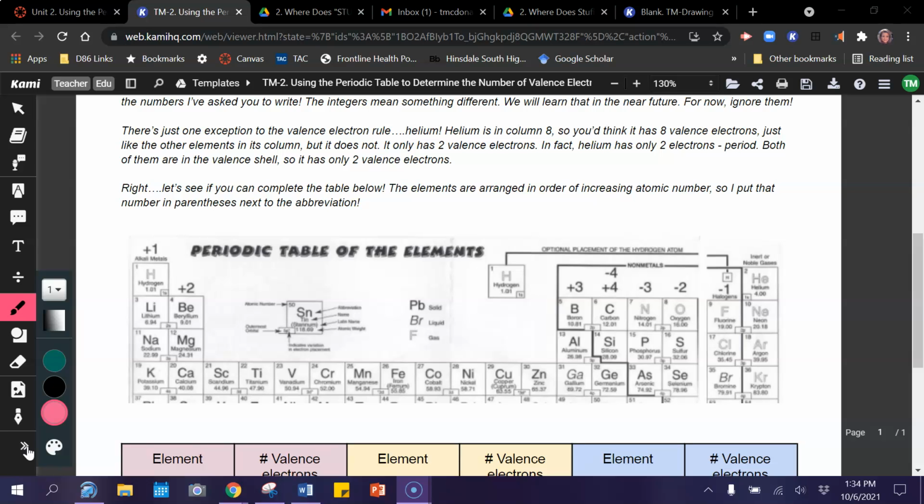So what are the valence electrons? Well, the valence electrons are the electrons that are found in the outermost energy level of an atom. So for instance, if we were going to draw an atom of carbon-14, our nucleus would have 6 protons, and we would have 8 neutrons, and then we would have 6 electrons.